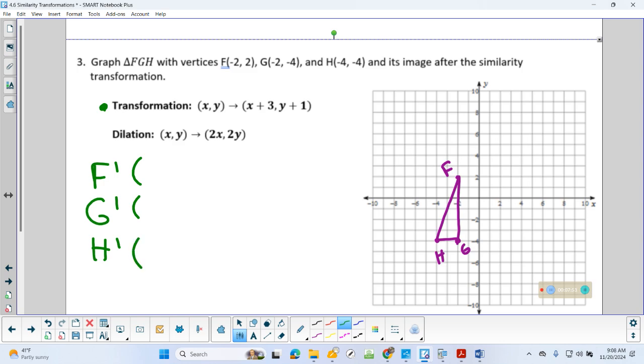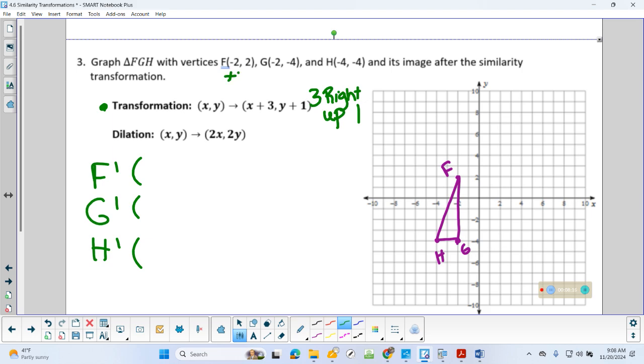If you have plus 3 on the X, that means you're moving it 3 which way? Right. 3 right. And the plus 1 on the Y moves it which way? Up 1, yeah. Now, can you just do 3 right, up 1? Sure. But I have a feeling I'm going to need the coordinates, so I'm also going to make those.